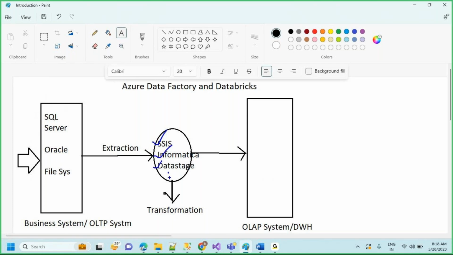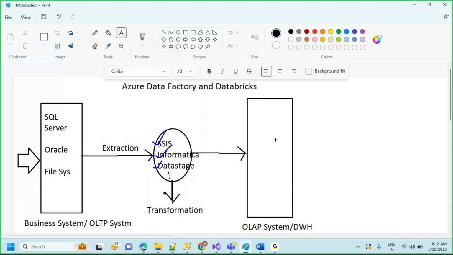Like this, there are various ETL tools in the market. All those ETL tools extract the data from the business systems, integrate the data, and save the data with the help of various transformations. All these ETL tools support a similar kind of activities and purpose. Right after doing all the required transformations, we load the data into the destination.